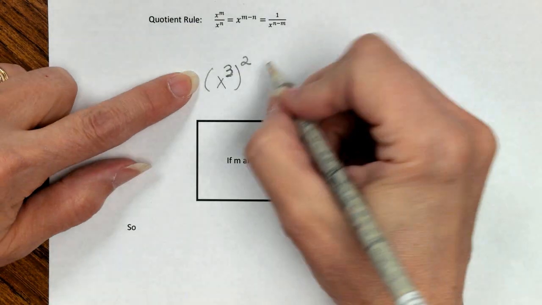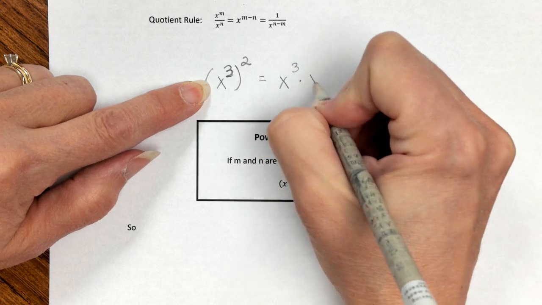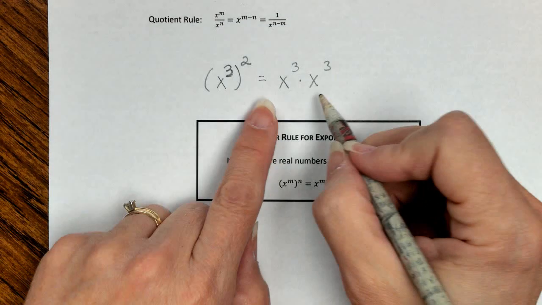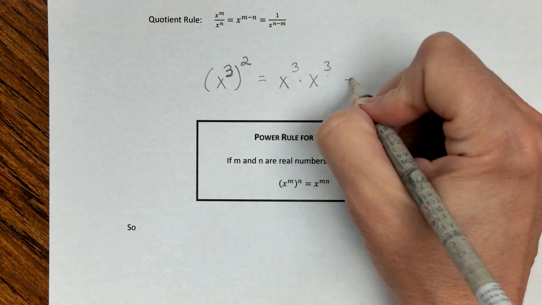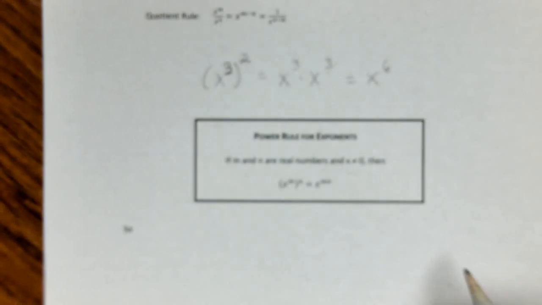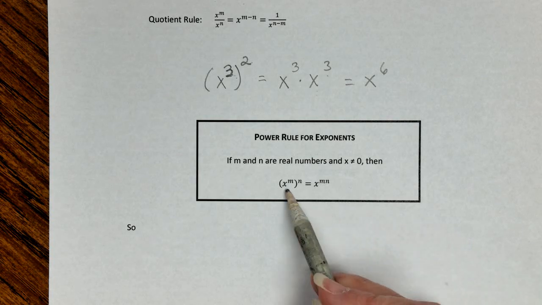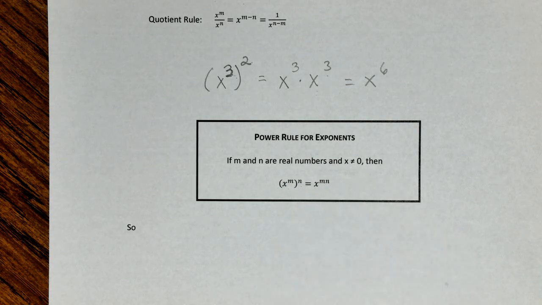That means we're squaring x to the third. So that's x to the third times x to the third. But we already know when we're multiplying, and it's the same base, we add the exponents. Okay, your shortcut is, when it's a power raised to a power, you multiply those exponents. So x to the m raised to the power of n is just x to the whatever m times n is.